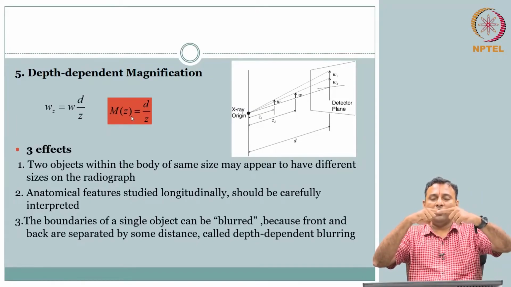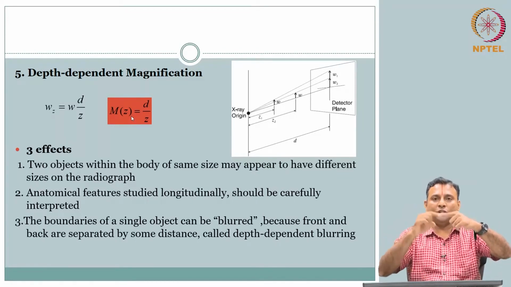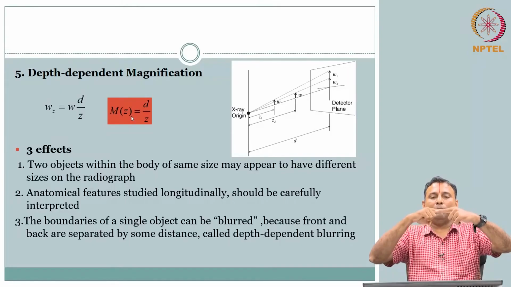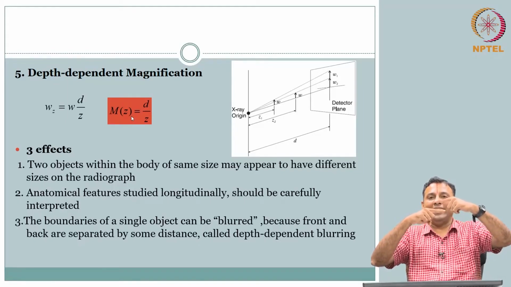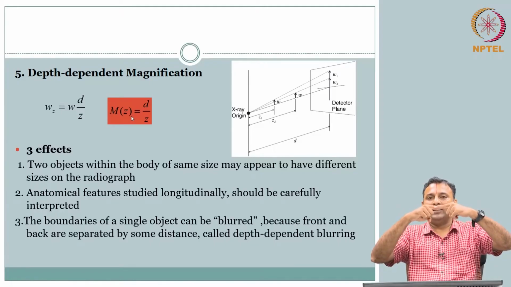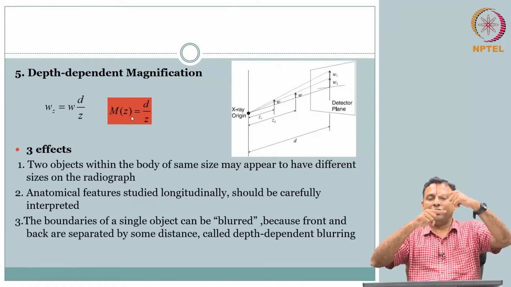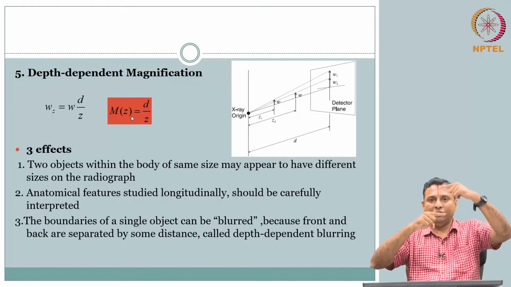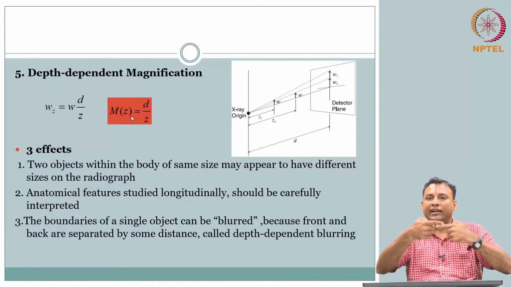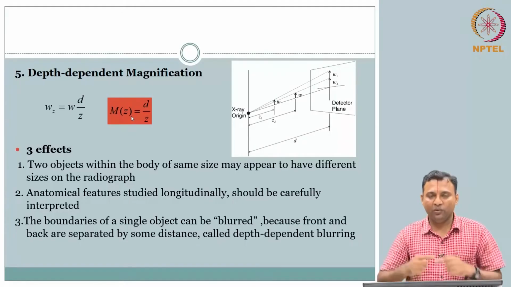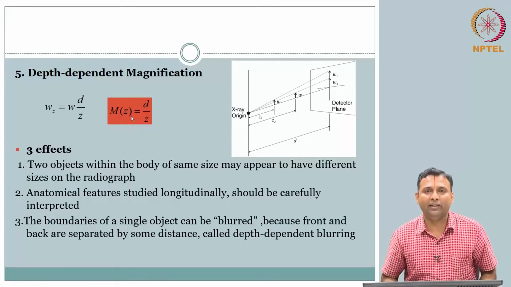What should have been a line when projected, with one edge behind the other, now, because of the depth dependent magnification, one moves up on the detector. So one edge is now blurred, right? You are going to see a blurred image of the edge because the front edge and the back edge of the slab are magnified differently, or projected differently, because they are at different depths, right? I think you should do this yourself to interpret it.